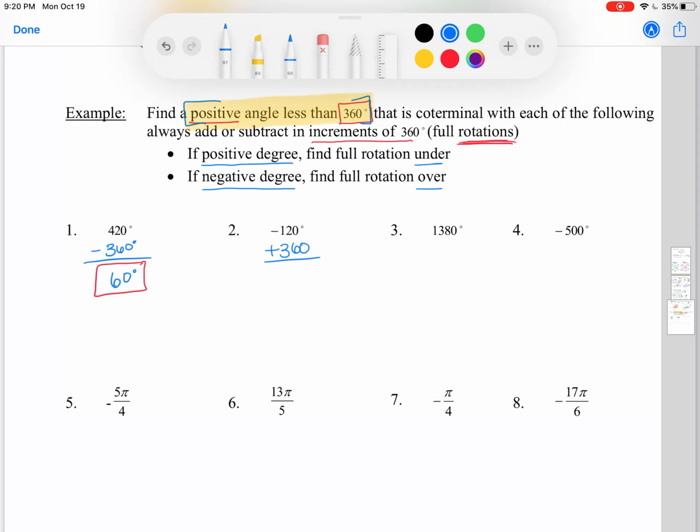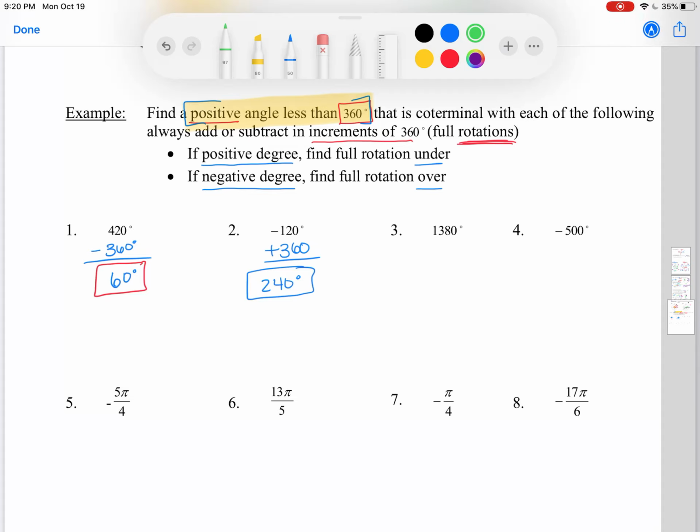So we'll start with one rotation, and if we need more, we'll just keep repeating the process. So if I have negative 120 and I add 360, your coterminal angle will be 240 degrees. It's between 0 and 360, so we are good to go and submit this answer.